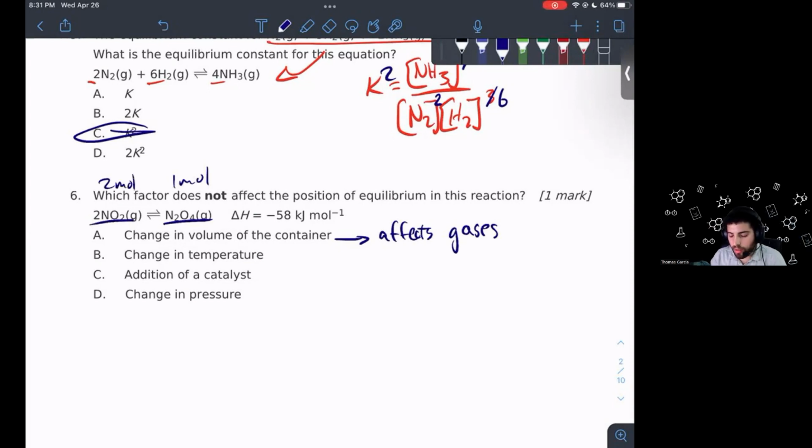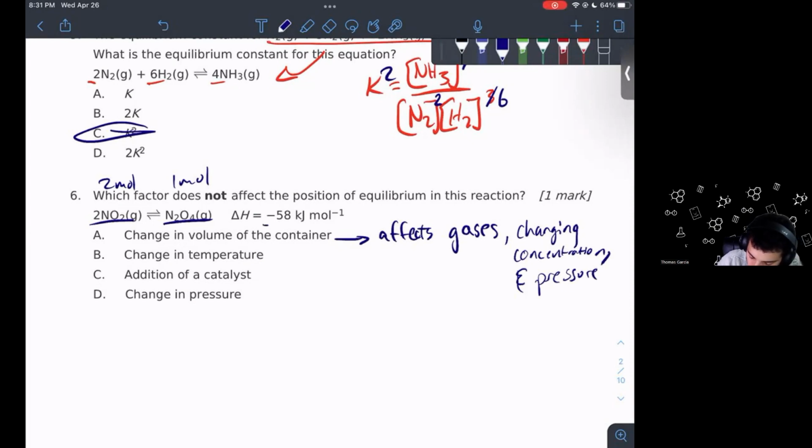So yeah, changing the volume would affect gases by changing concentration, and even pressure. So it can't be volume. Volume will make a change.